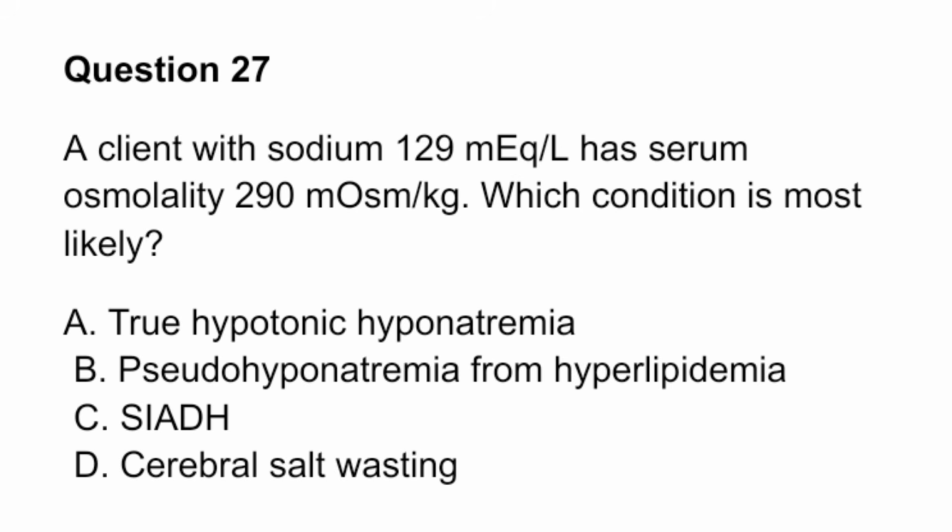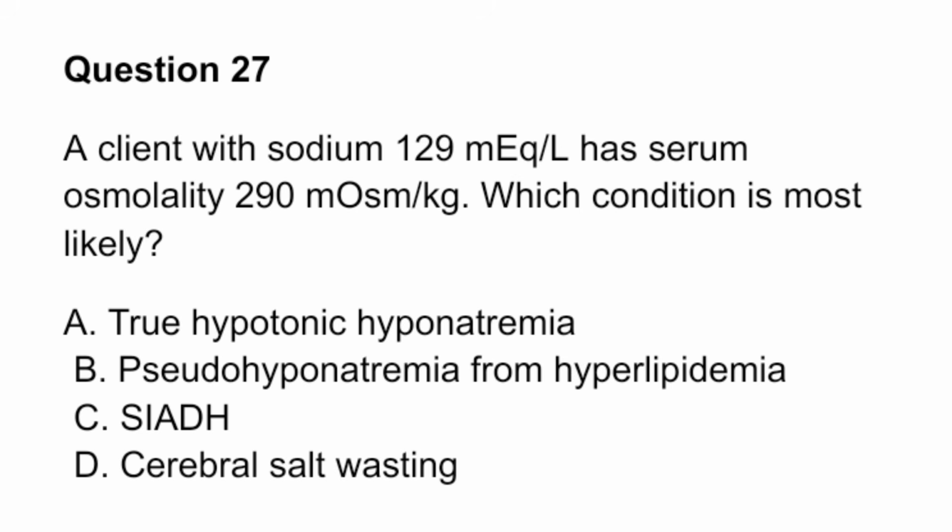Question 27. A client with sodium 129 milliequivalents per liter has serum osmolality 290 milliosmoles per kilogram. Which condition is most likely? A. True hypotonic hyponatremia. B. Pseudohyponatremia from hyperlipidemia.